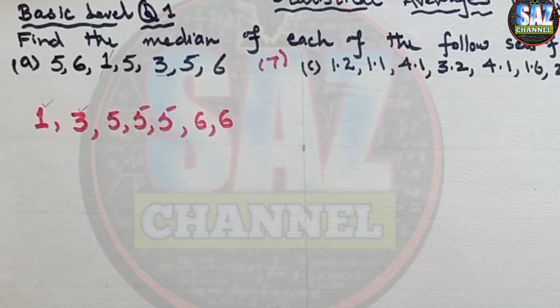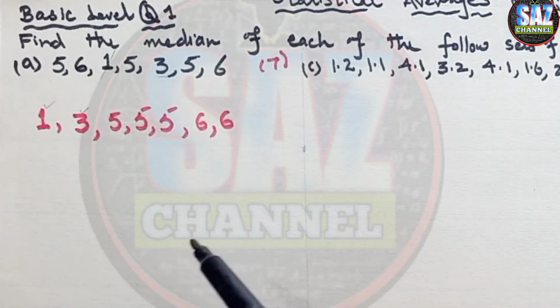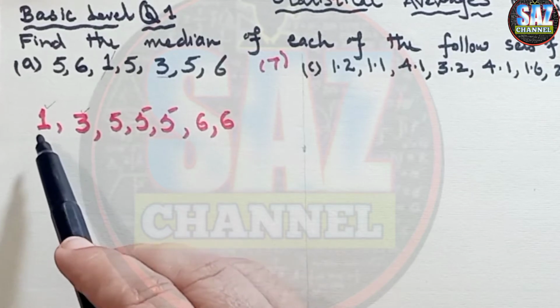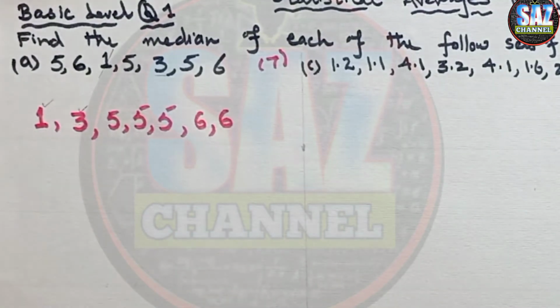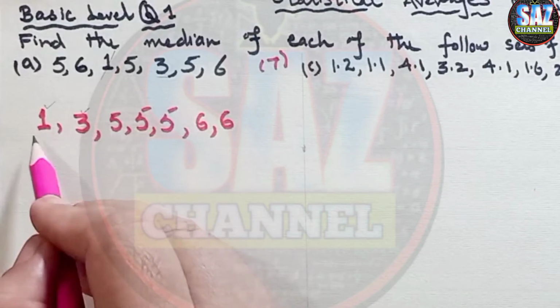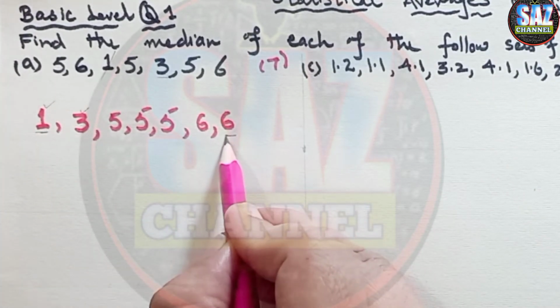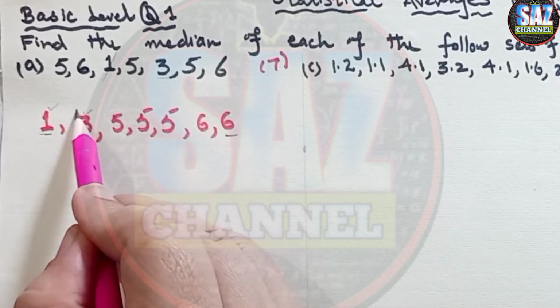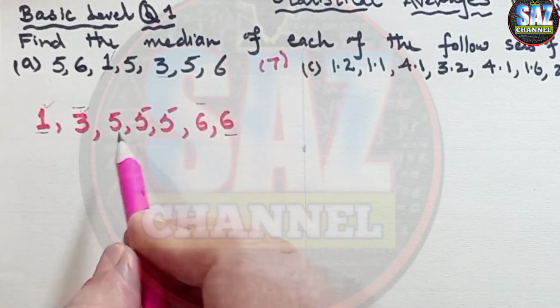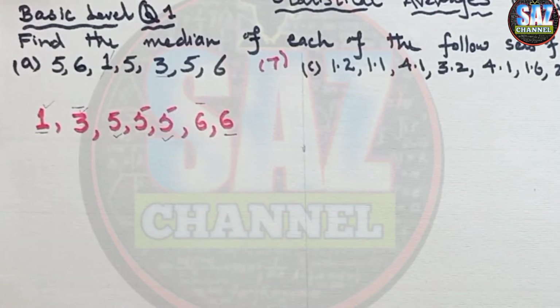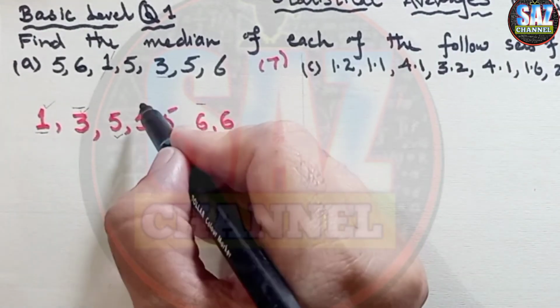Now the median is the middlemost value when the data after putting in ascending order is odd. Now identify the middlemost value. In order to identify the middlemost value, start cancelling the values from both extremes in pairs. 3 with 6, 5 with 5, 5 with 5, and we are left with one middlemost number which is 5.